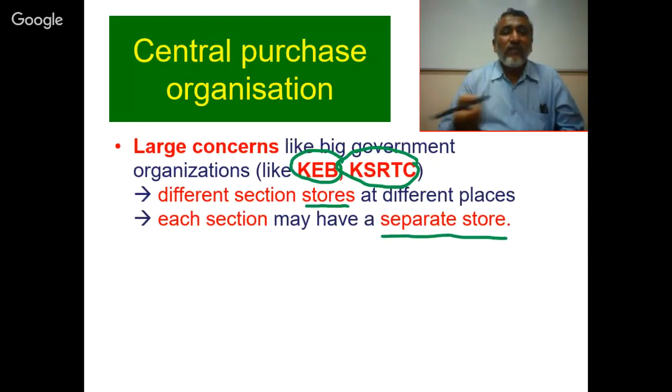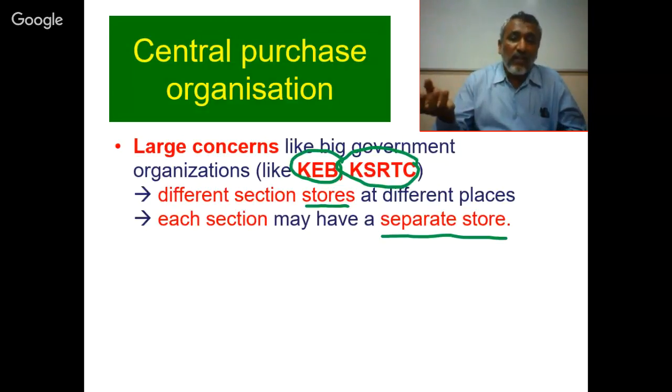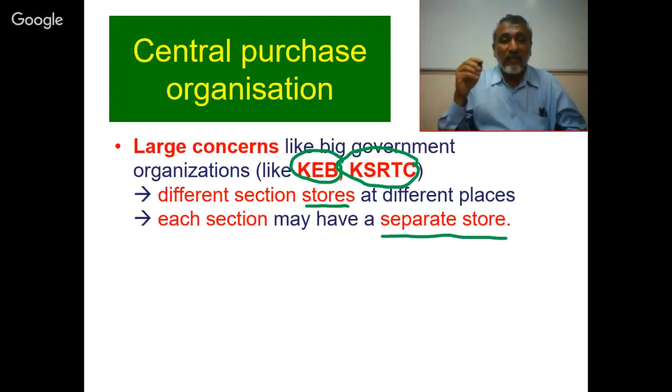Now, if every store buys its own materials from the local market, there are certain disadvantages. First of all, the price at which the different stores buy will be totally different. And because the purchase is in small quantities, the company does not have much bargaining power. The material will cost more for the company as it is purchased in small quantities at different places.